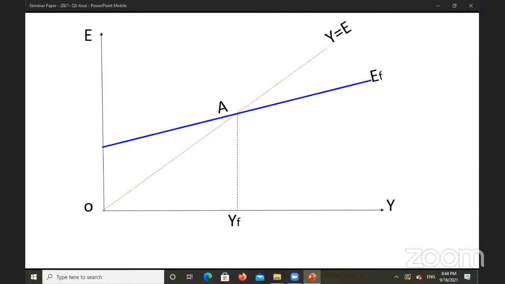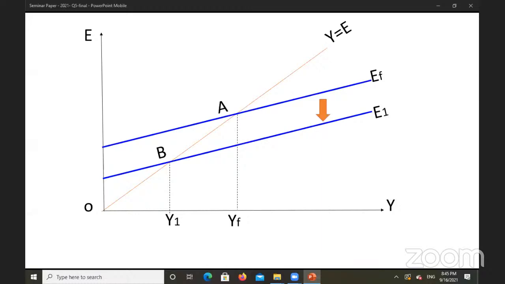The economy is at point A. Assume that for some reason the aggregate demand or expenditure of the economy comes down, so demand for goods and services comes down. Now the economy is at the Y1 level, with unemployment. But remember, point B is an equilibrium, so equilibrium can happen even with unemployment.